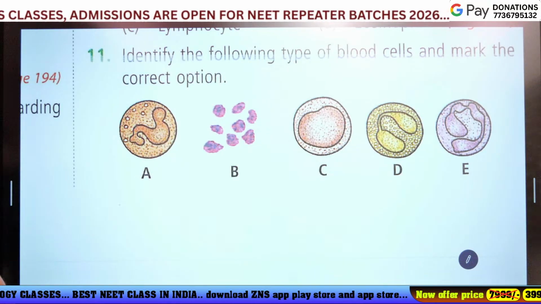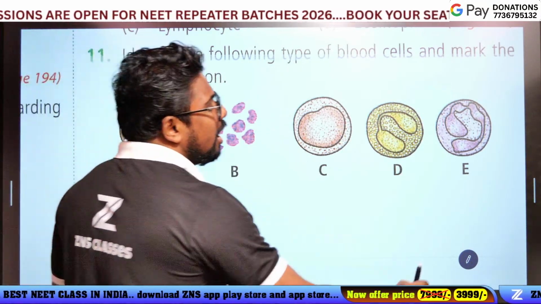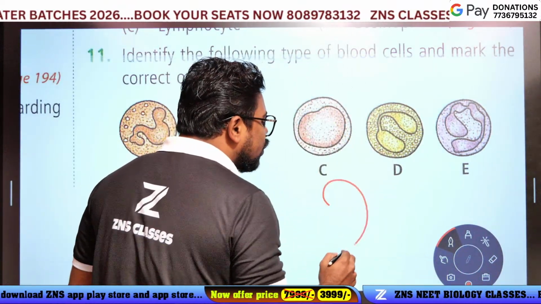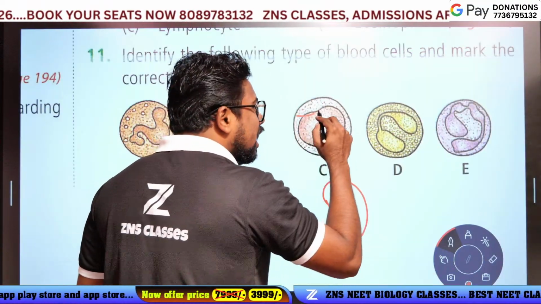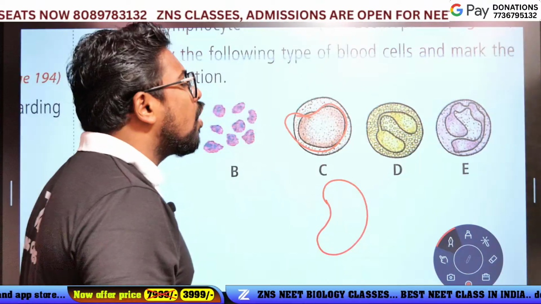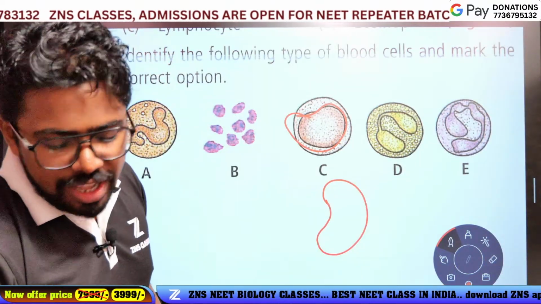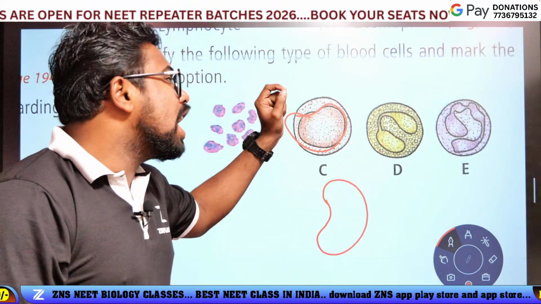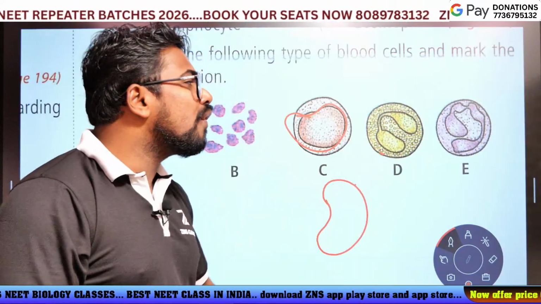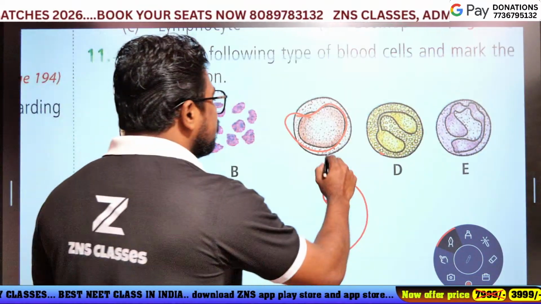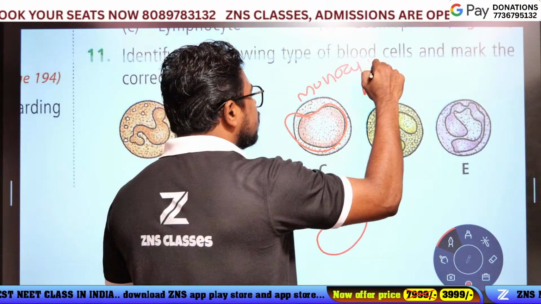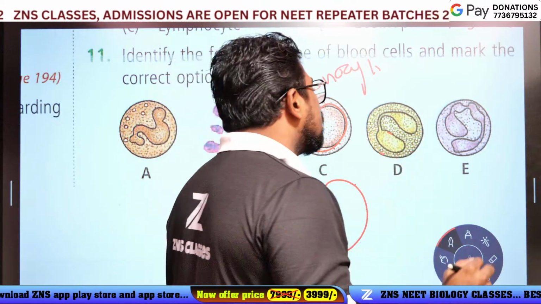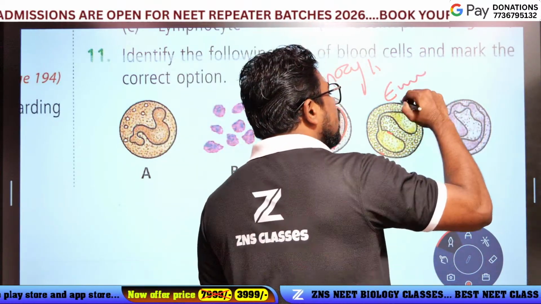Okay, who is this? It is monocyte, because it has a kidney-shaped nucleus. A kidney-shaped nucleus is called a monocyte. And who is this? It is bilobed, a headphone-shaped nucleus, so it is eosinophil.